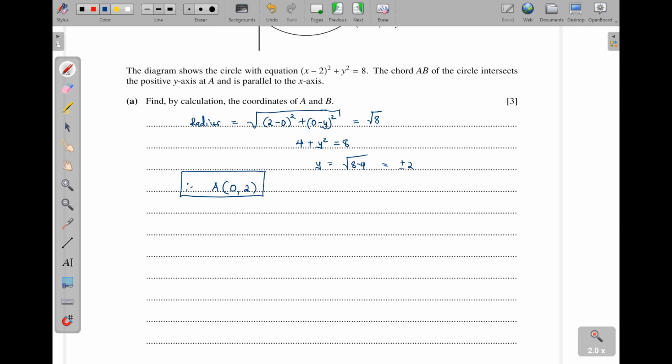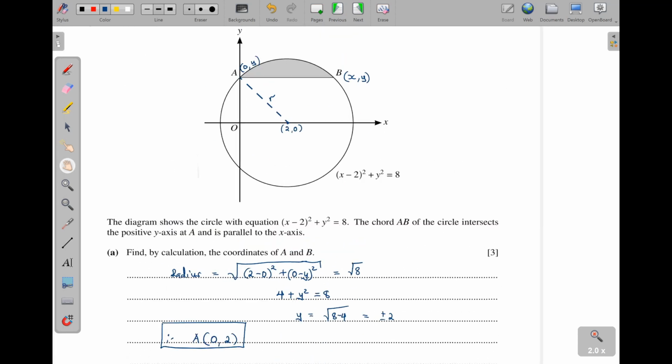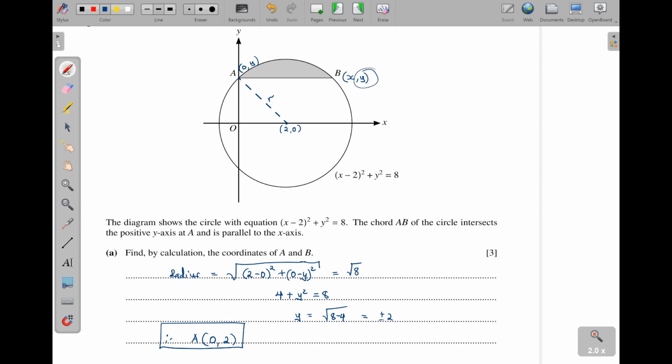Then after that, I will go to the equation of this circle, (x minus 2) squared plus y squared equal to 8. Now, we have this straight line, y equal to 2. We have seen it is 2.